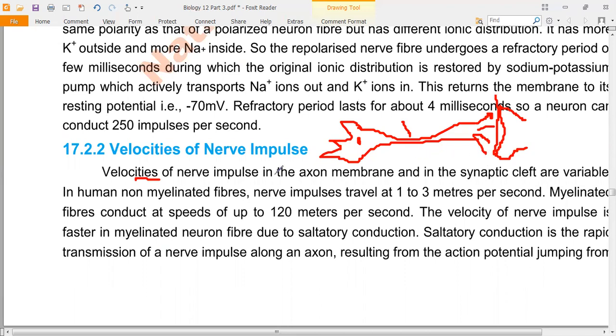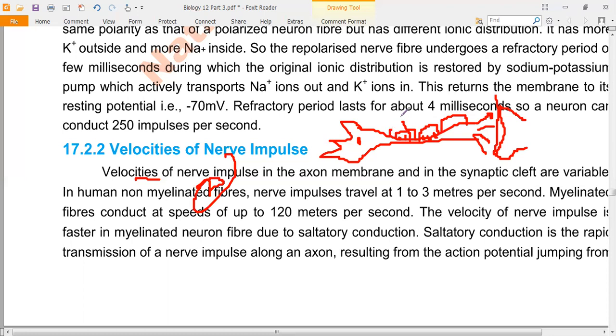The other thing is myelinated fibers, this is number 2. If these axons have a myelin sheath, we know that it is an insulator, so it does not allow the conduction of impulses, and it does not have the sodium potassium gates or pumps to conduct the charges properly up and down, outside and inside.